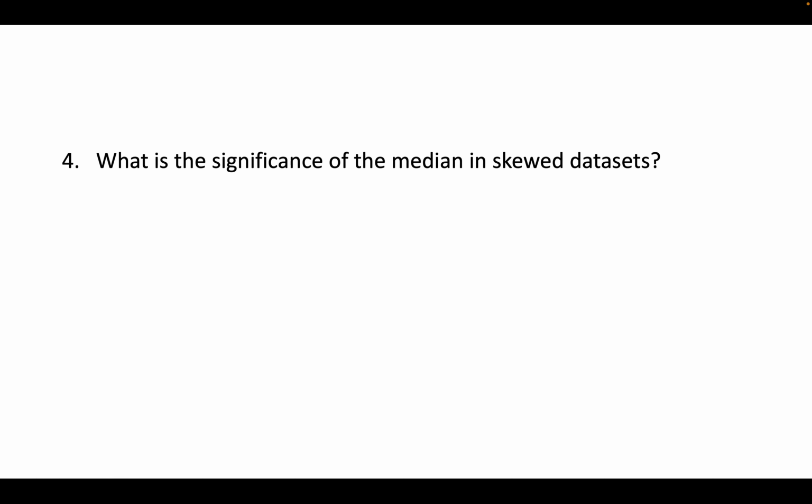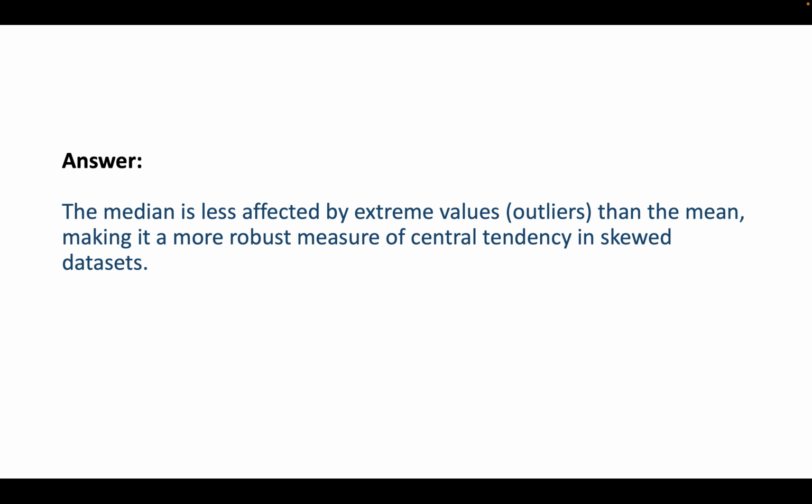Question number 4. What is the significance of the median in a skewed data set? The median is less affected by extreme values and outliers than the mean. Therefore, it is a more robust measure of central tendency in skewed data sets.